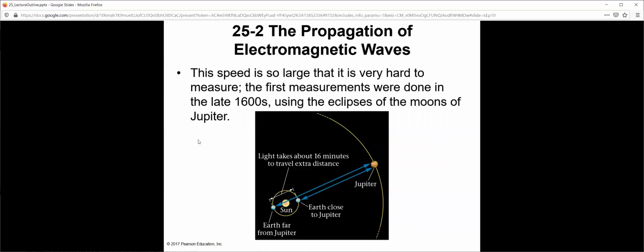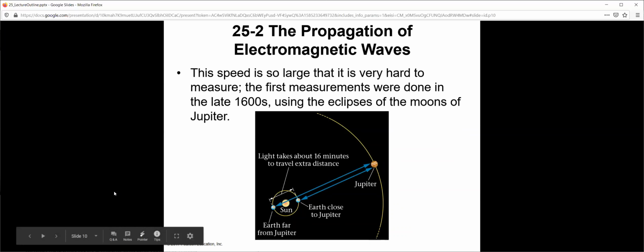We have, obviously, more accurate measurements nowadays, but again, ridiculous. You can look at Jupiter being that far away and you can measure these. You can use the eclipses of the moons of Jupiter to measure the speed of light. It's cool stuff. That's of more interest to you. I'm sure there's some documentary on YouTube you could watch about it. We're not really too interested in the history in this class, right?